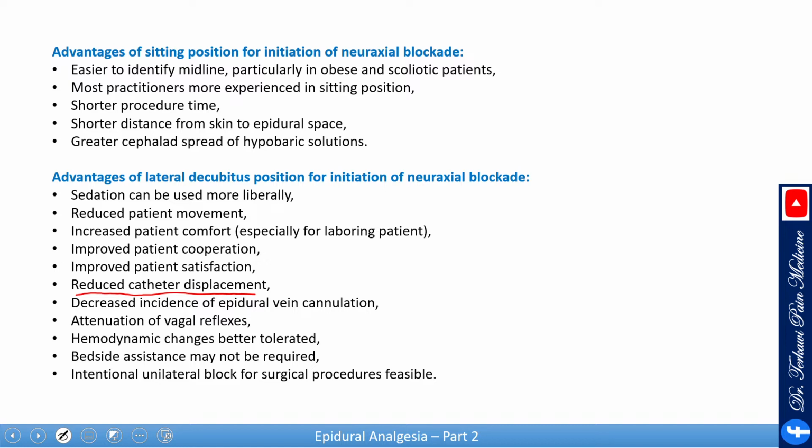So I always tape the catheter, especially in this population, while they are lying on their side. Also: decreased incidence of epidural vein cannulation, attenuation of vagal reflex, hemodynamic changes better tolerated, bedside assistance may not be required, intentional unilateral blockade for surgical procedure feasible.